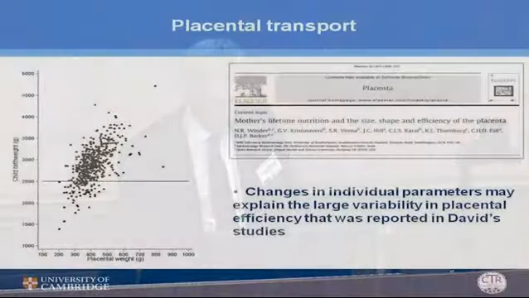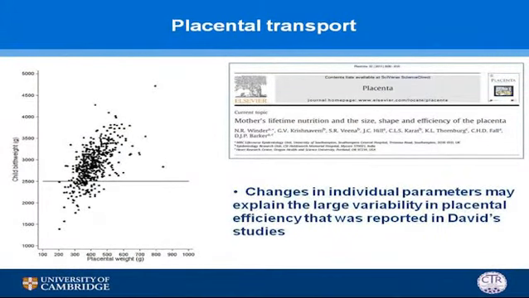And just to show you an example of how these adaptations can occur, I think these adaptations explain some of the variability in David's own data here, published between placental weight along the x-axis here and birth weight on the y-axis.